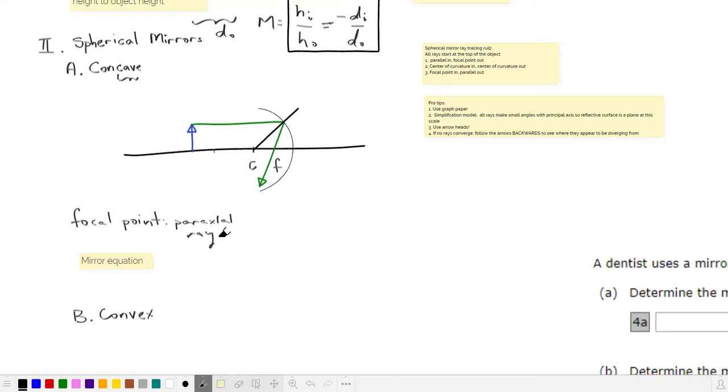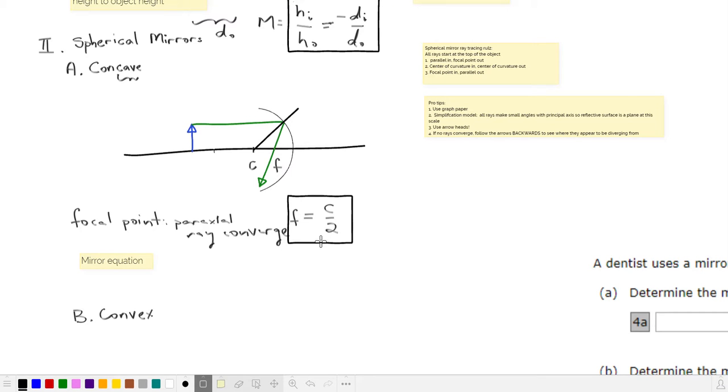And furthermore, you can tell just looking at this geometry and using some triangular arguments that the focal point for a spherical lens is half the radius of curvature. So this is worth putting a box around.